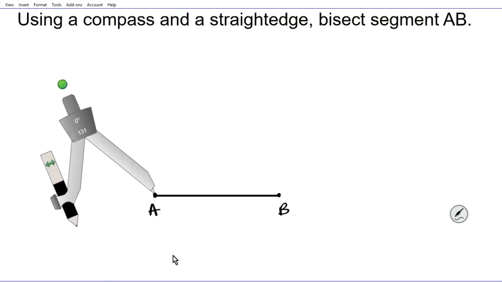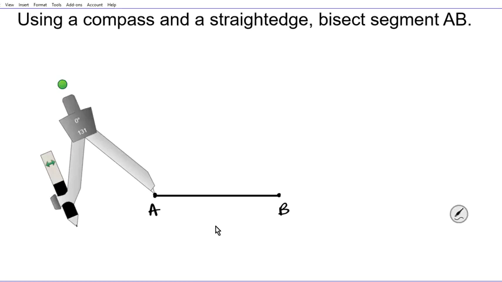Now what we're going to do is create two arcs, one from point A and one from point B, in such a way that the two arcs intersect at a point above and a point below the segment.